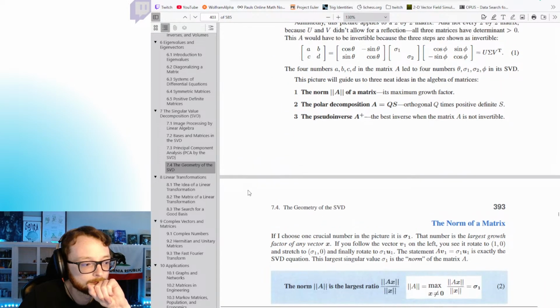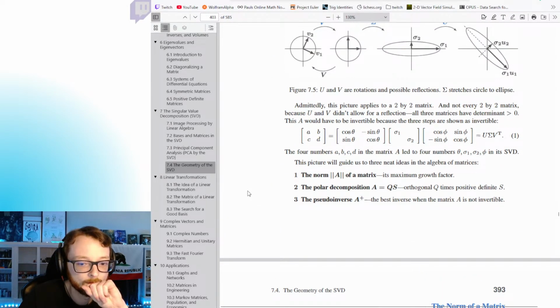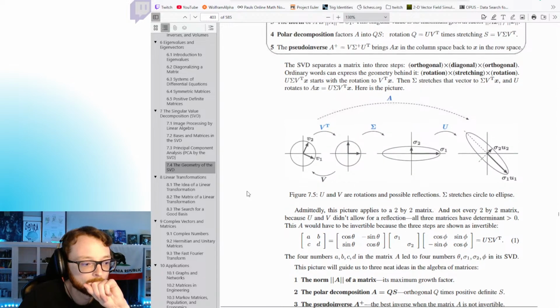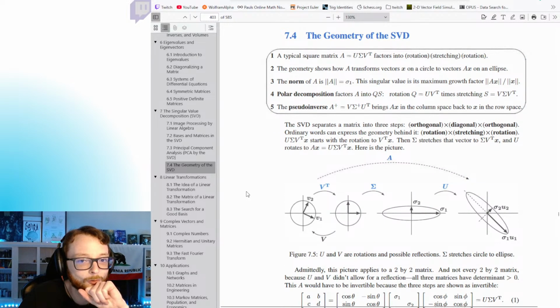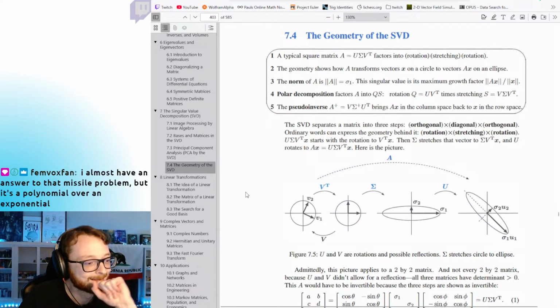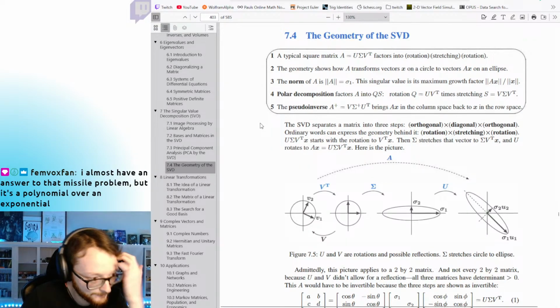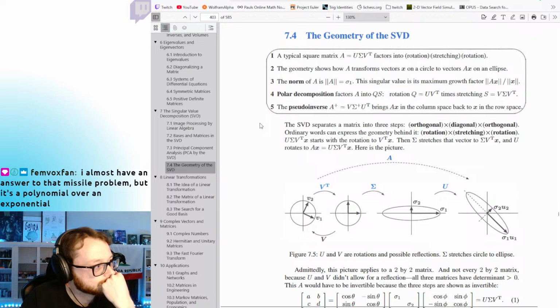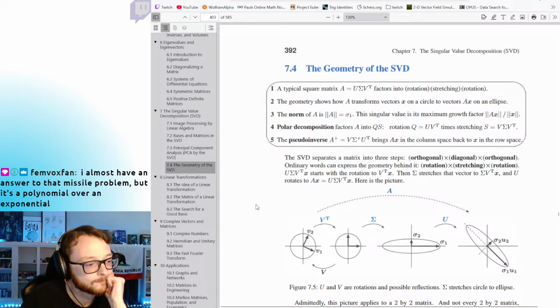Polynomial over an exponential? Okay. I think that's what the website I saw had. It was like 4 to the n over 10 equals some quadratic. Your approach was flawed? Okay.